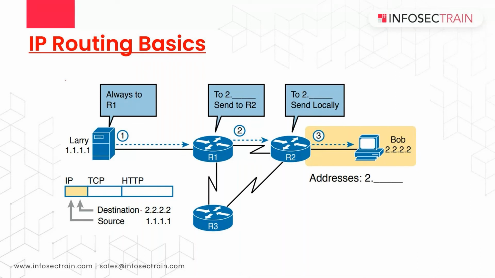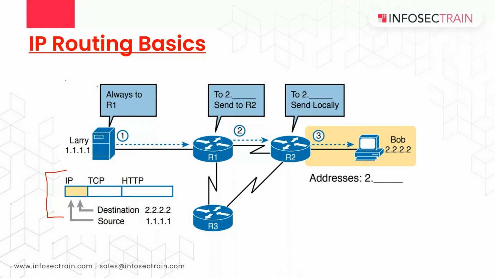Here, Larry has the familiar application data, HTTP header, and TCP header ready to send. In addition, the message now contains an IP header. The IP header includes a source IP of Larry's address and a destination IP of Bob's IP address. So Larry is ready to send an IP packet.